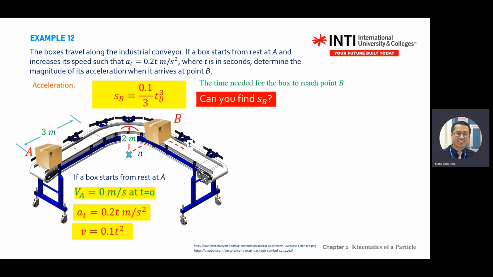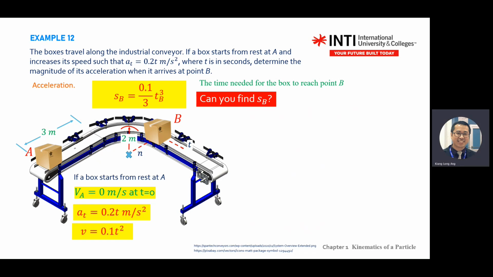So how to find it? You have this equation that tells you the distance traveled after a certain time, which is from here to here. Can you find the distance from here to here? It's actually this 3 meter. This is a curve, right? Or a circle. So it's a quarter circle, right? What is the equation for the circumference of a circle? 2 pi r.